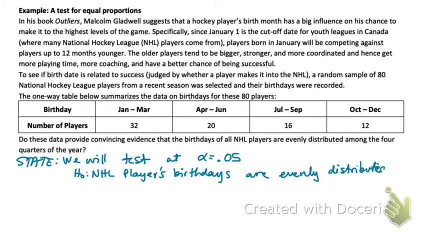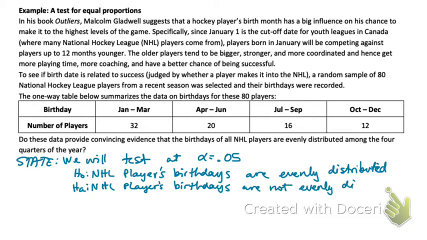That's what we're going to assume is true. However, we're testing to see if that is not true because we have a suspicion that it might not be true. So our alternative is that NHL players' birthdays are not evenly distributed. That's our null and our alternative hypothesis.